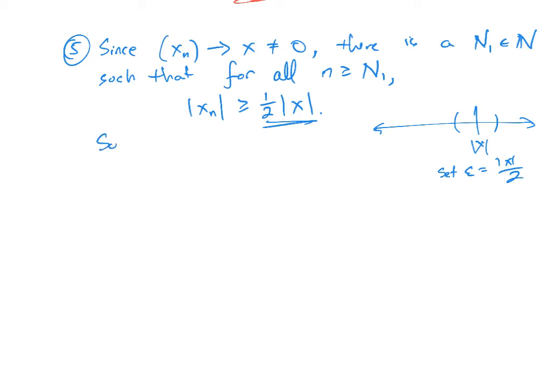Okay. So for these n, we have 1 over the absolute value of xn is at most 2 over the absolute value of x.